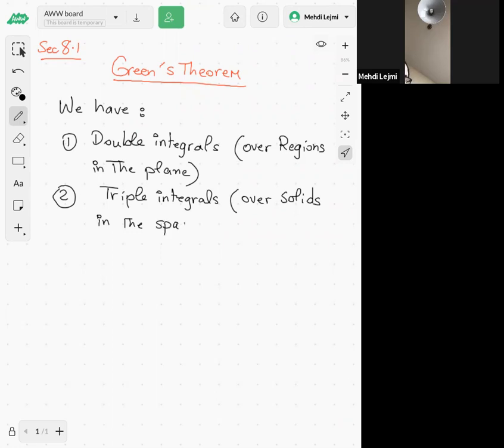And then in sections 7.1 and 7.2, we had line integrals. In the line integrals, guys, we actually had two different kinds of line integrals: the scalar line integral, and the vector line integral.